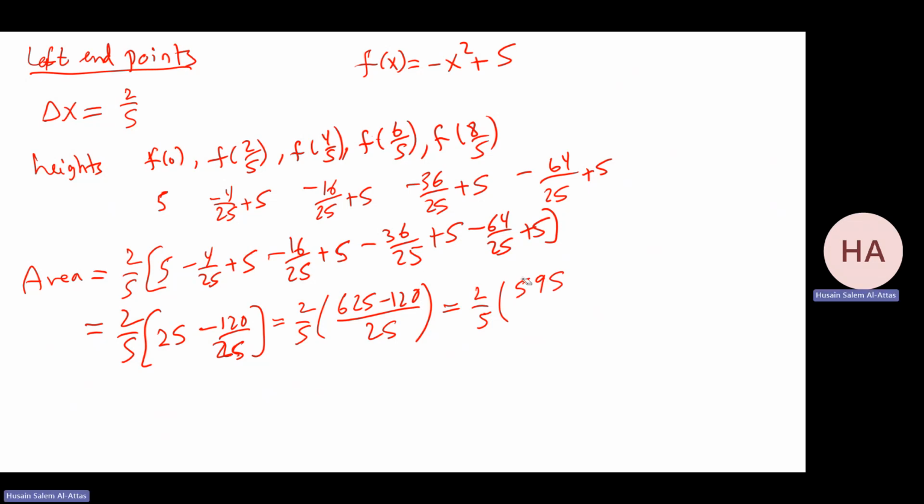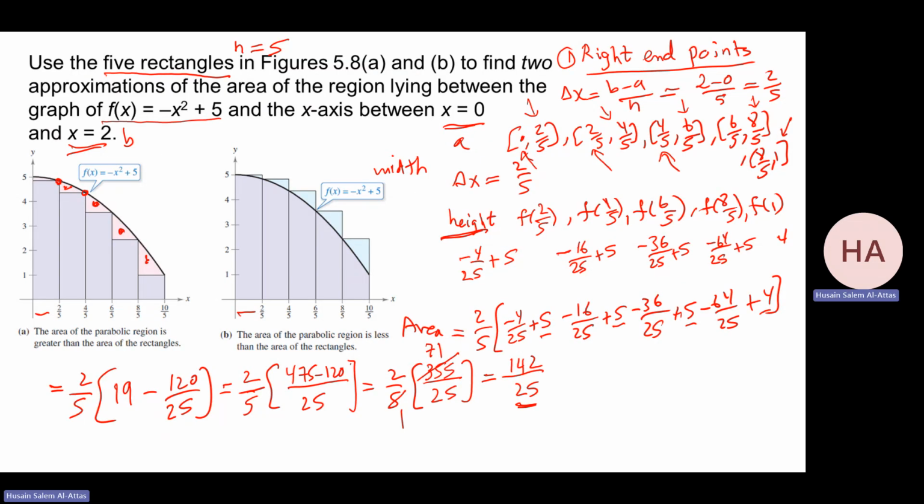No, 605. 605/25. So I have 1 to 1. So that gives me what? 242/25. Very clear, it's more than this one.